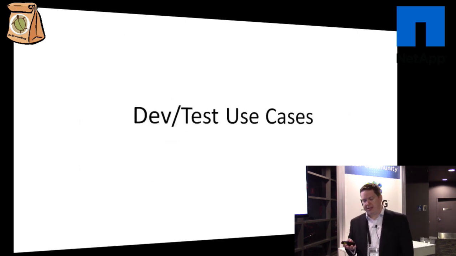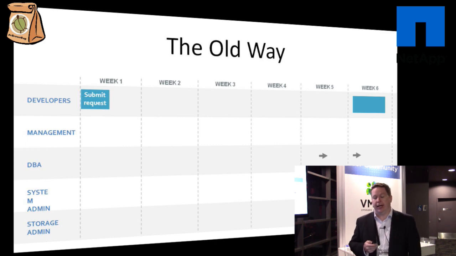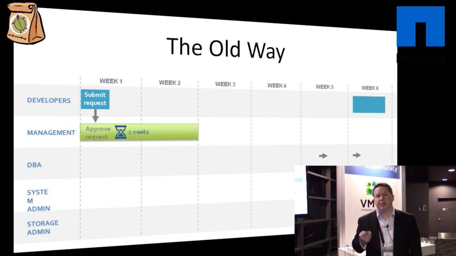So I wanted to step through some quick dev test use cases to talk about how this sprawl occurs. Here's a use case that I commonly see out with the customers I talk to day-to-day. If you're a developer or an application manager building an app and you want a copy of data, you submit a request, it goes to the management team, and it might sit there for a period of time waiting for approval.